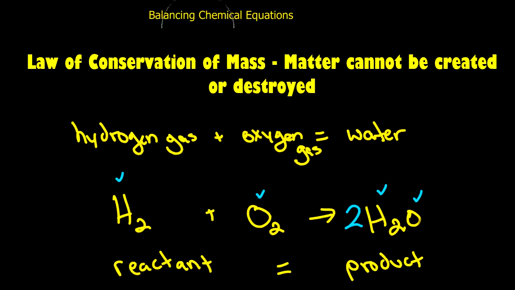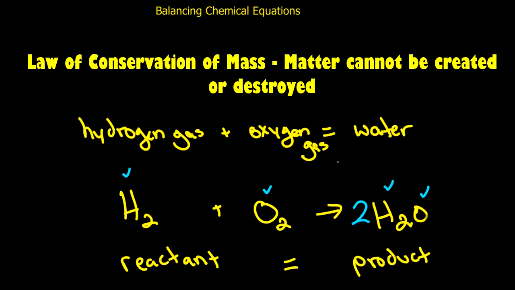But now we have a new problem. And our new problem is my hydrogen atoms. Now I have 2 times 2 is 4 hydrogens. And on this side I only have 2 hydrogen atoms. So we're no longer good. So we got to fix that. If this product side has 4 hydrogen atoms and my reactant side only has 2, how can I fix that?